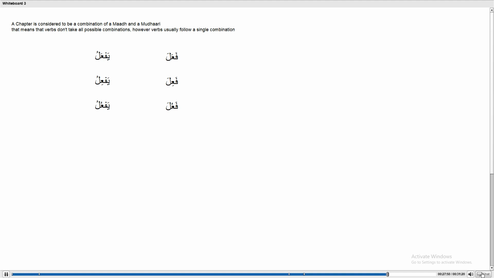For example, there is the word fataha. Now, fataha is just like what? Fa'ala. So fataha is on the scale of fa'ala. Correct?